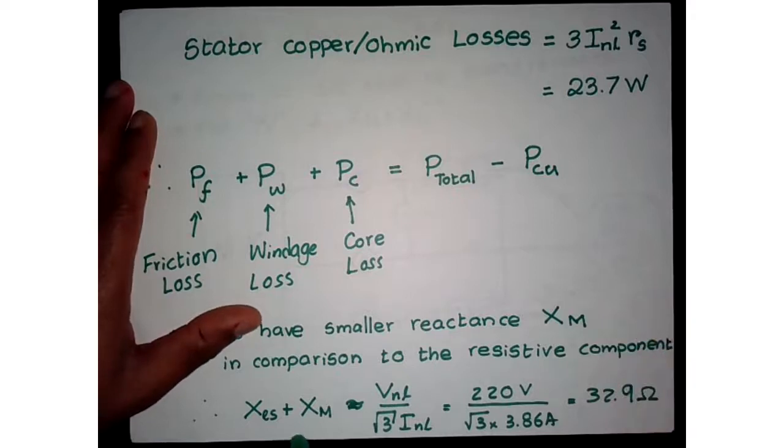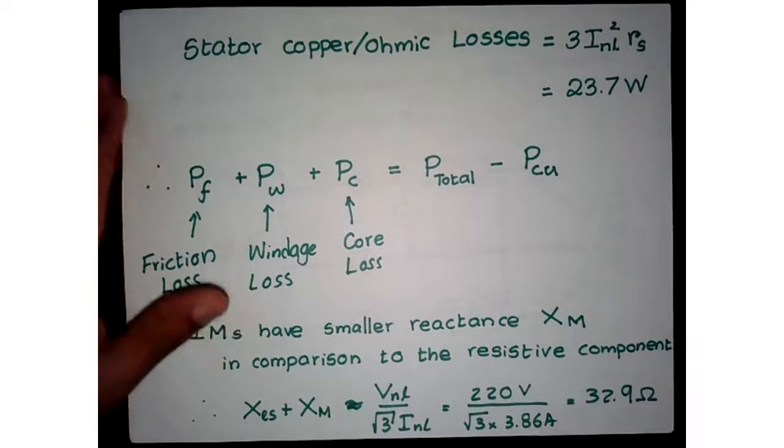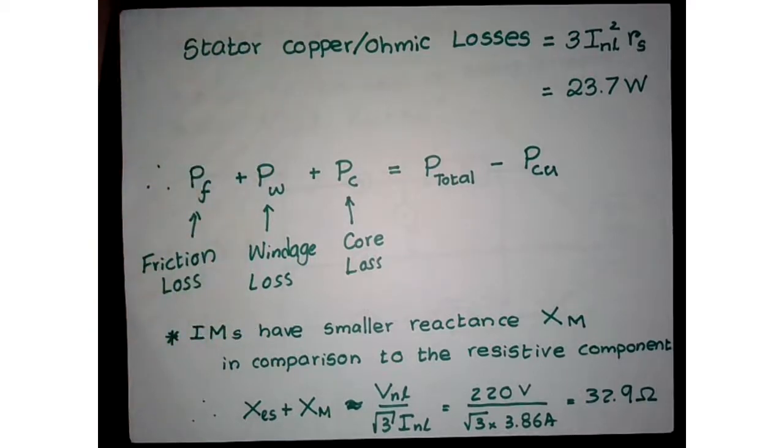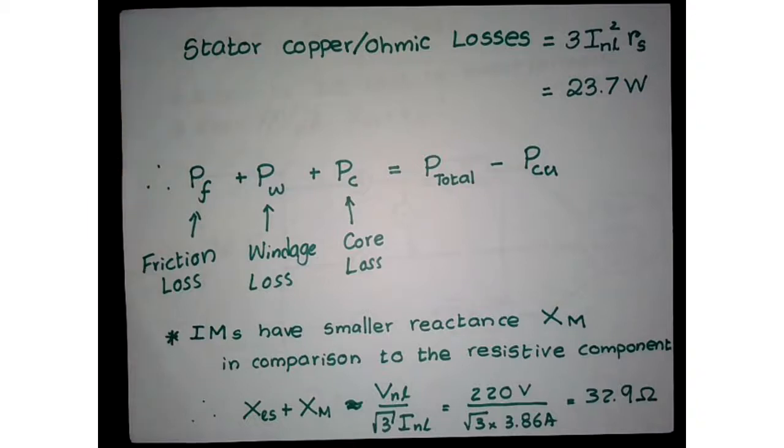And therefore, what we can do is using the equation, no load divided by √3 INL, we can capture just the leakage plus the magnetizing inductance component. So let's refer back to our circuit diagram trying to clarify this. Okay, so let's see if I have my diagram. There we go.